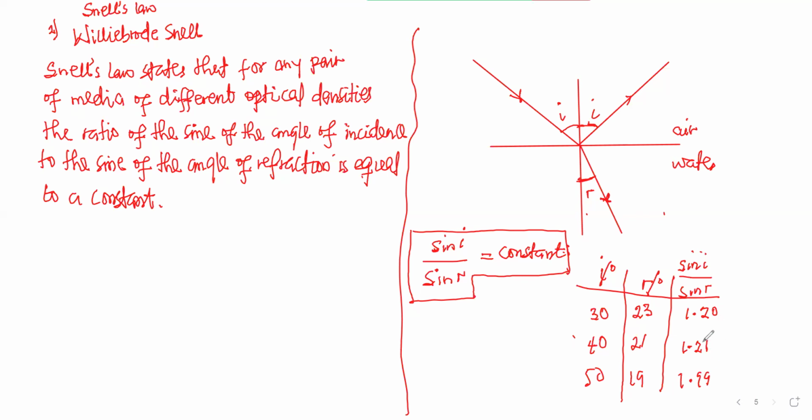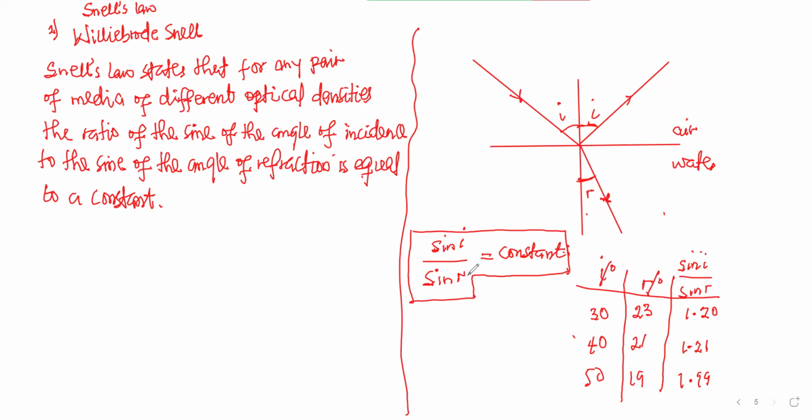Or the same value, almost the same value, or values which are close to 1.2. That is what we mean by the ratio being constant. We'll go deeper, so you don't worry. So this is Snell's law. We have two main laws of refraction: the incident ray, the normal at the point of incidence, and the refracted ray all lie in the same plane.